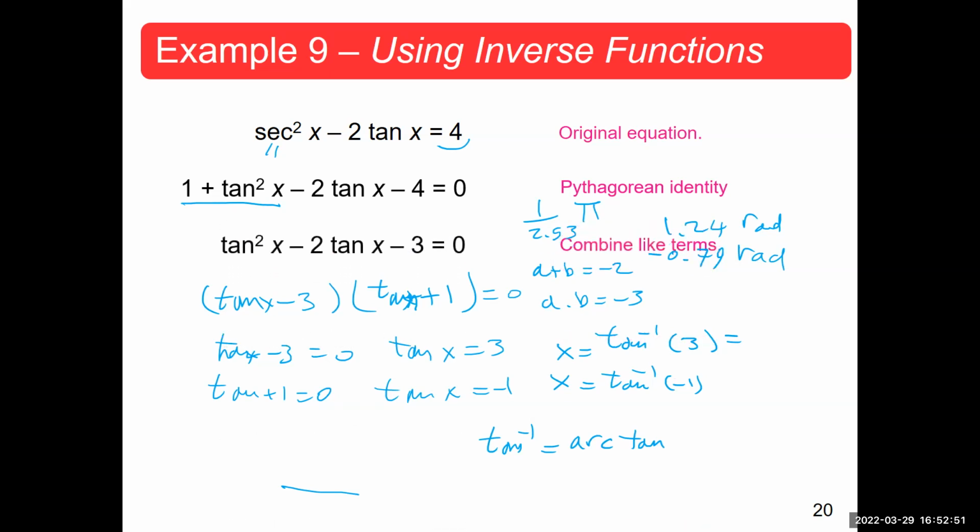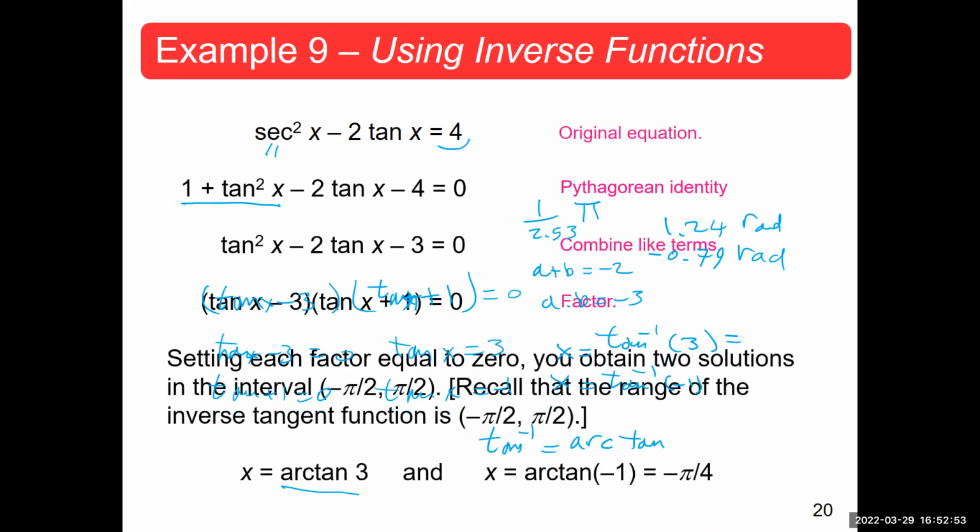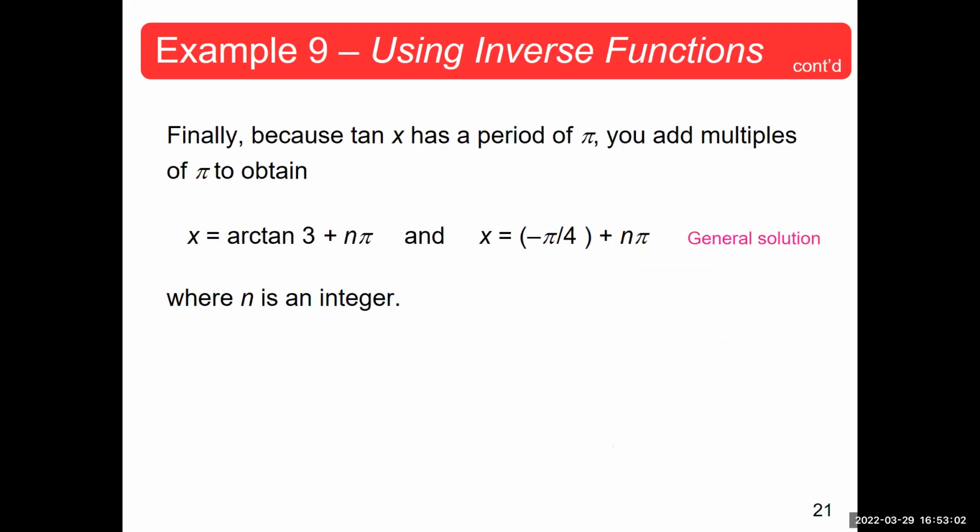In the books, they assume you know that circle. So if you go back to the circle we have with all angles, you can figure it out directly over there. The one for -1 is negative pi over 4 plus m pi.